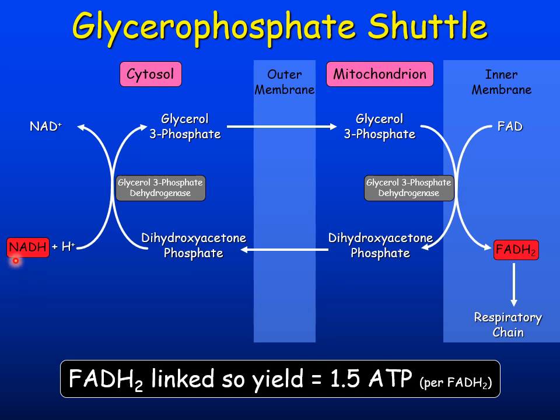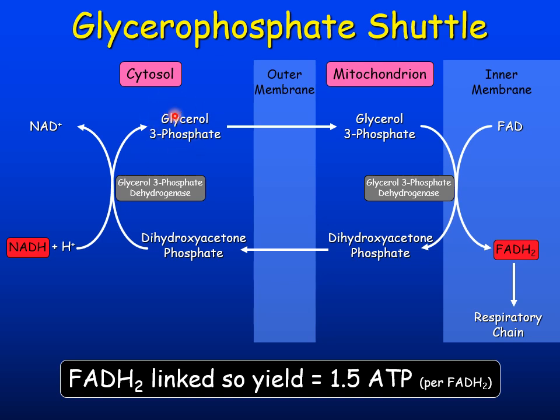And down here is the glycolytically produced NADH. So the first step is to transfer the electrons from NADH onto dihydroxyacetone phosphate, forming glycerol 3-phosphate. And this is catalysed by this dehydrogenase here, glycerol 3-phosphate dehydrogenase.